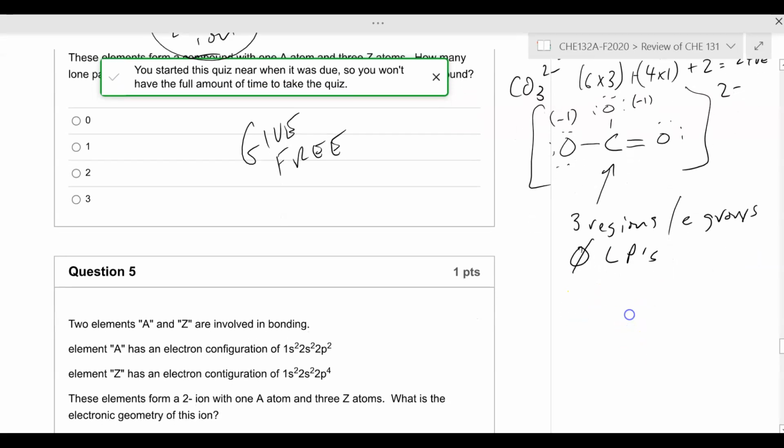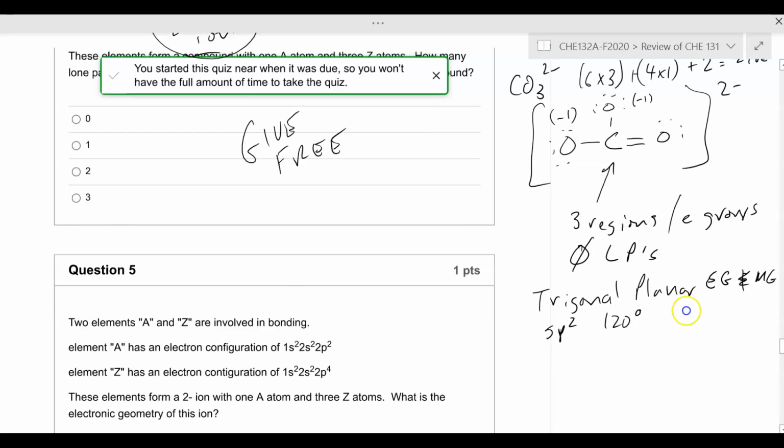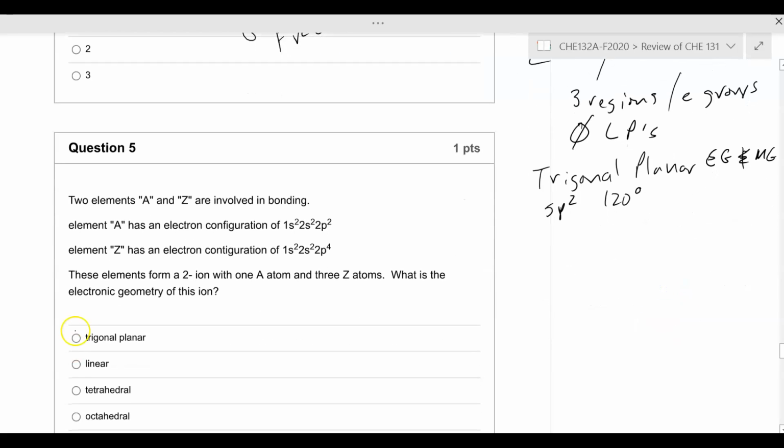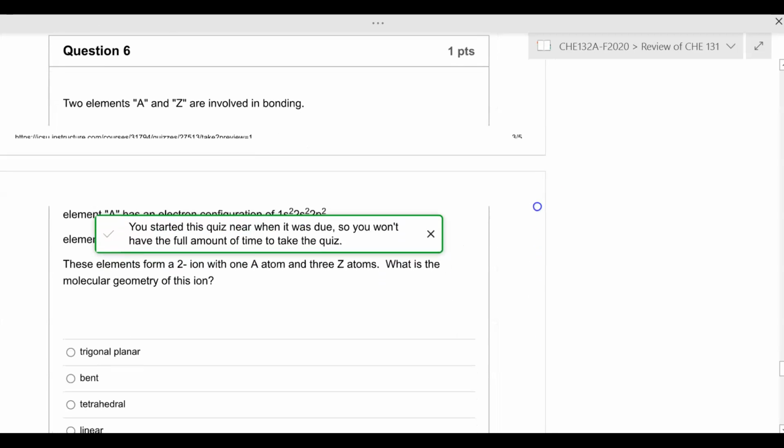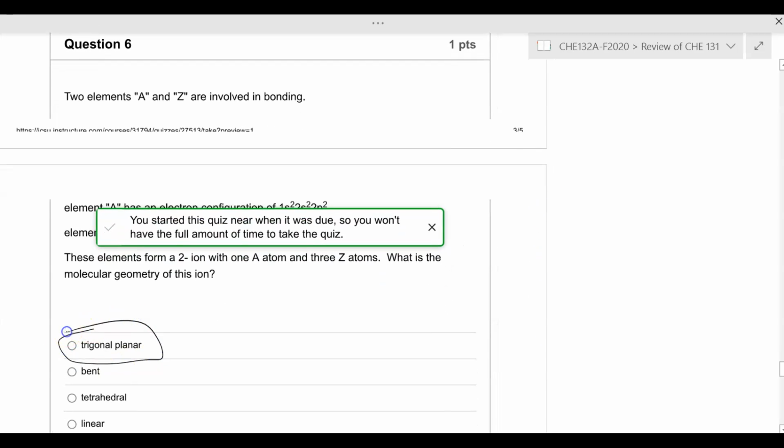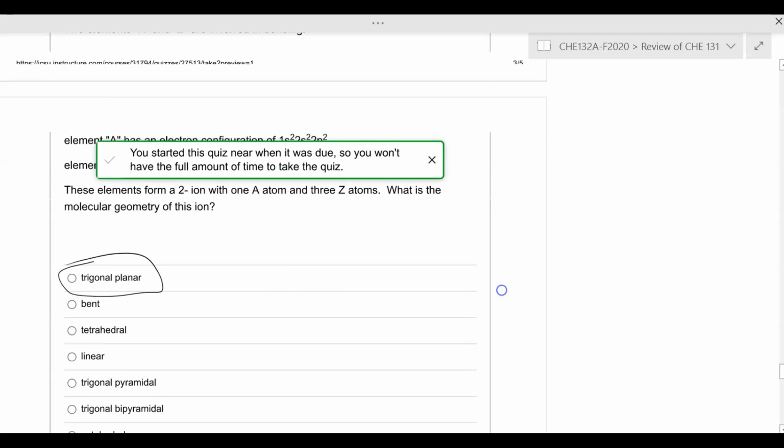So that means that it's trigonal planar, both in terms of electronic geometry, and then because there's no lone pairs, also the molecular geometry. That's an sp2 hybrid. The bond angle is 120 degrees. So this is going to be trigonal planar electronic, and it's going to be trigonal planar in terms of the molecular geometry of the ion.